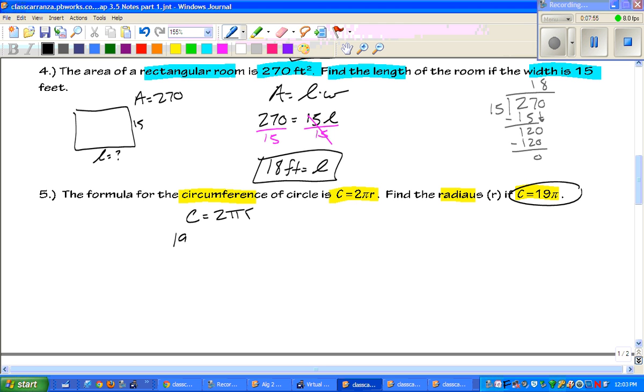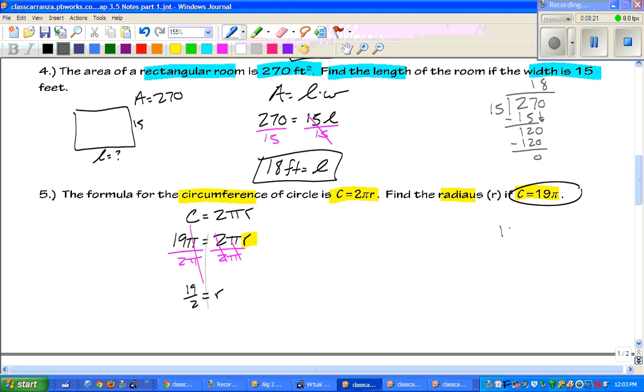They're saying c equals 19 pi. So we're trying to solve for r right here. And to do that, we would need to divide. And we would divide by the 2 pi to get all those off. And what you do to one side, you do to the other. The pi's cancel, and you're left with 19 over 2 equals r.